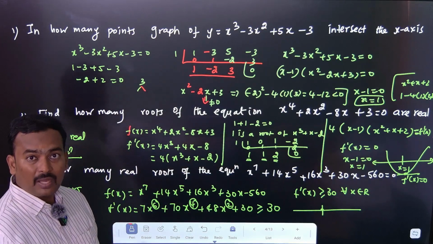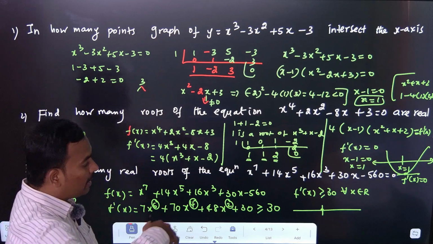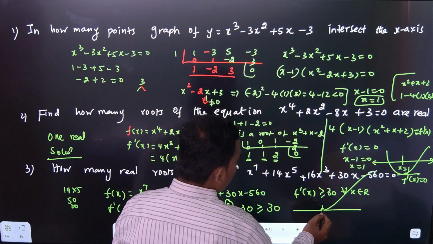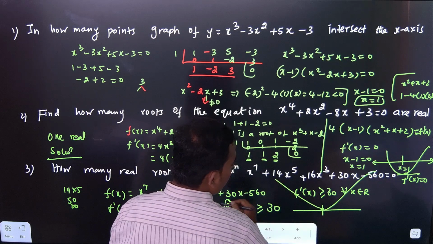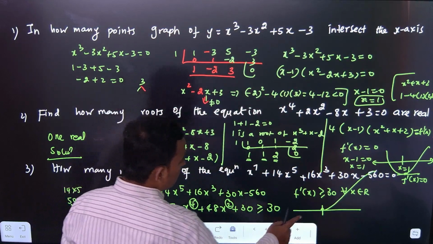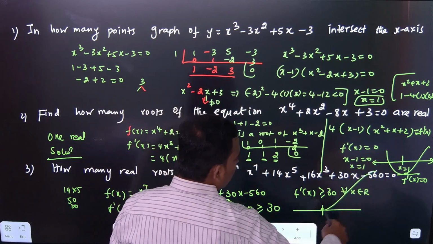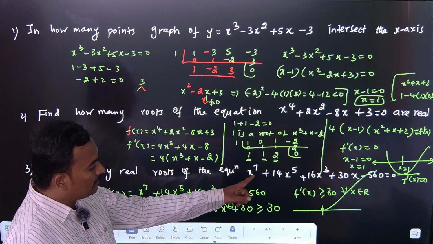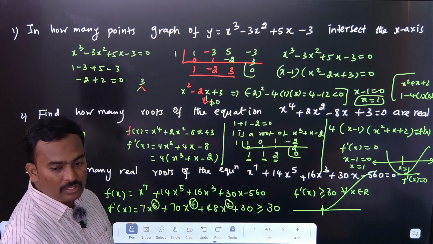Again it will not turn back, because increasing means it's going up, right? It will be like this only. Maybe it's like this. So this should not be possible. It is completely in an increasing fashion, right? That's why we are telling that at least one solution is possible.